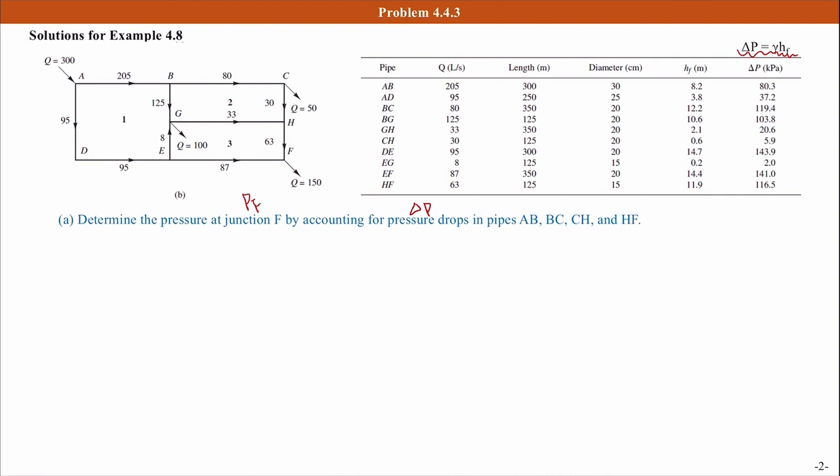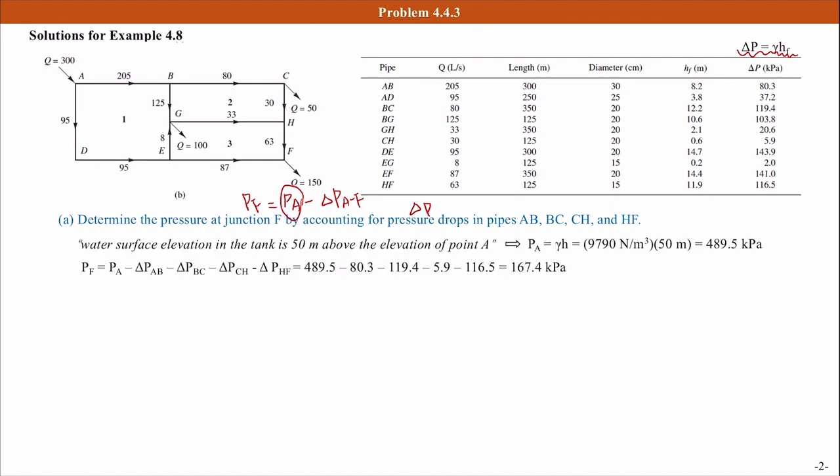The pressure at point F equals the pressure at point A minus the pressure drops from point A to F. So the next step is to calculate the pressure at point A. Because we know the water surface elevation in the tank is 50 meters above the elevation of point A, the pressure at point A is exerted by the water on top of it.